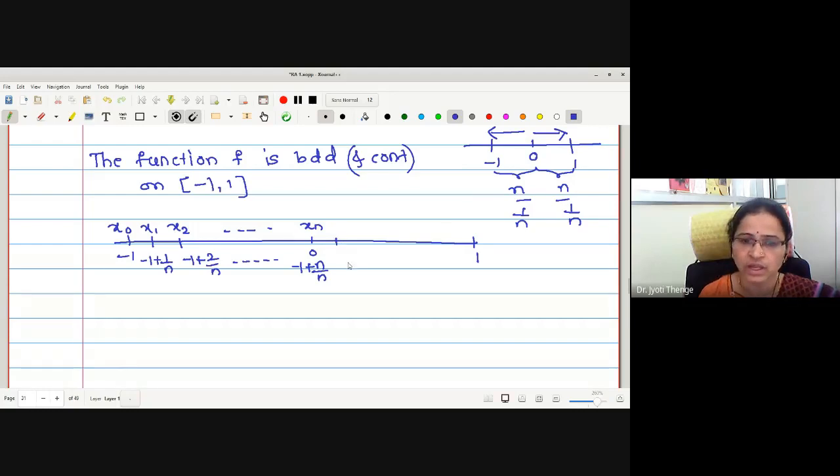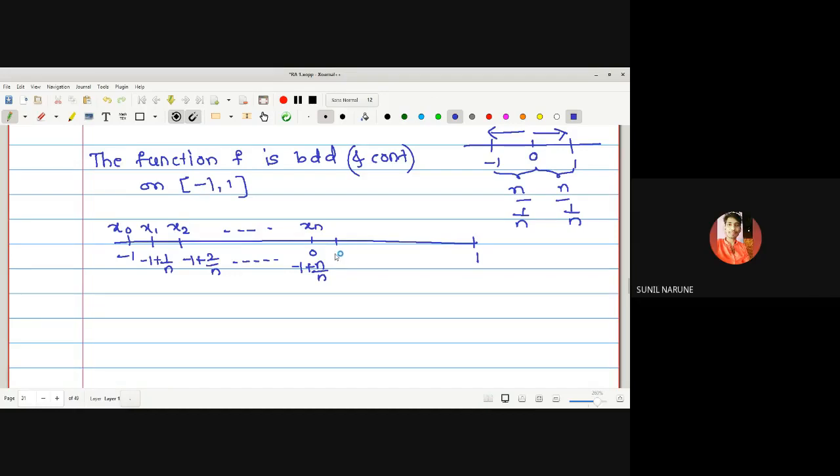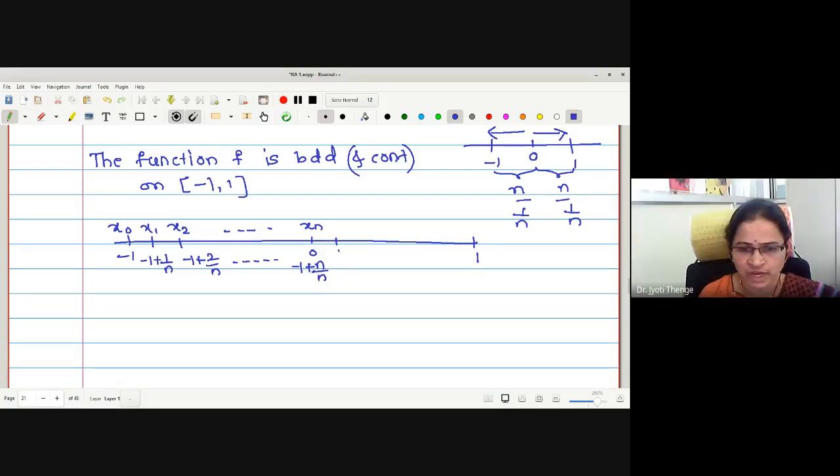Again we will make n equal subparts of this interval 0 to 1. What will be the point next to 0? 0 plus 1 upon n, that is 1 upon n. Therefore, this is 1 upon n, 2 upon n, continue up to the last point, which is n upon n. Now we will denote these points on the positive part of the interval with different values, say yi.